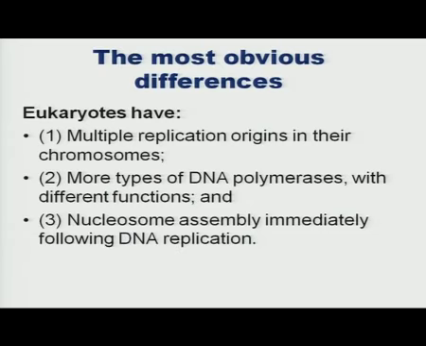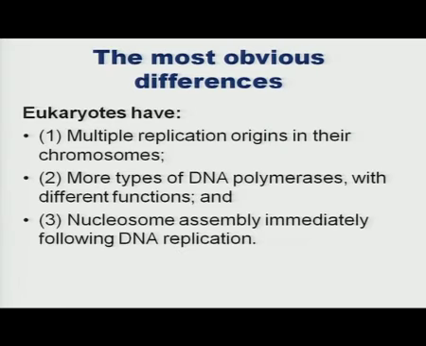But in prokaryotic cells, there is a single origin from where the replication starts. Eukaryotes also have more types of DNA polymerases with different functions. As we learned, in prokaryotic cells there are only 5 types of DNA polymerases, DNA polymerase 1, 2, 3, 4 and 5. But in eukaryotes, more than 10 polymerases have been identified yet.